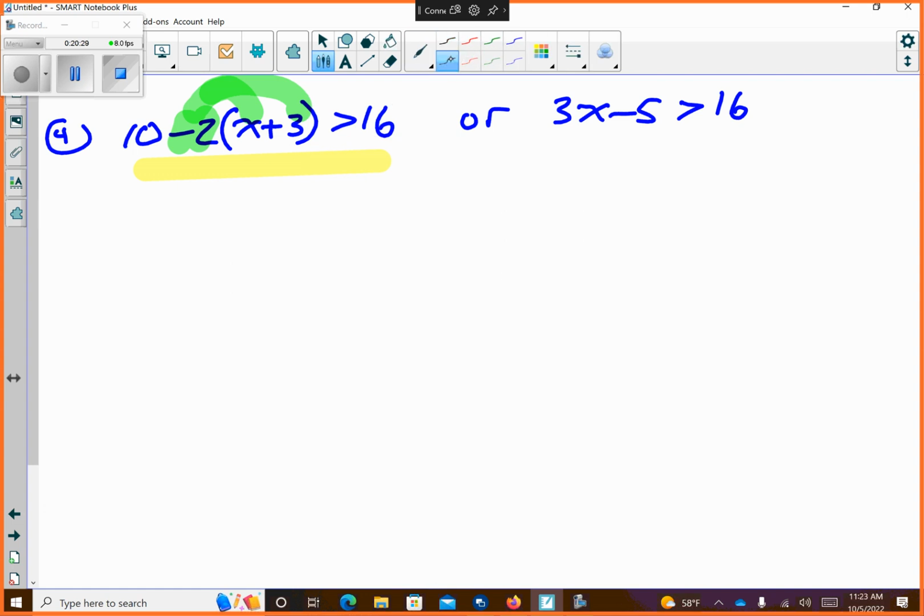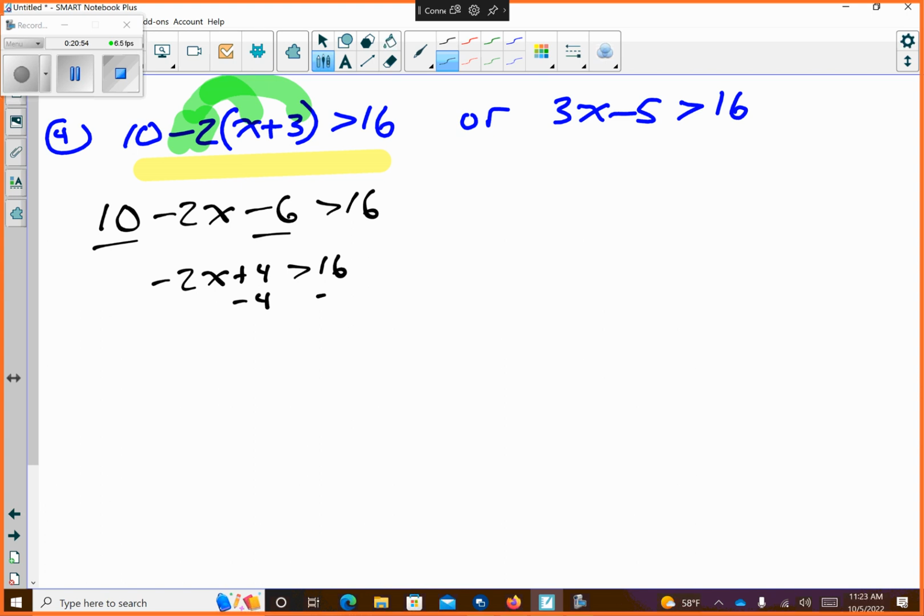All right, so I get 10, and negative 2 times x is negative 2x, and negative 2 times 3 is negative 6. Thank you. It appears these are my like terms, so 10 subtract 6 is 4. It's positive 4. All right.